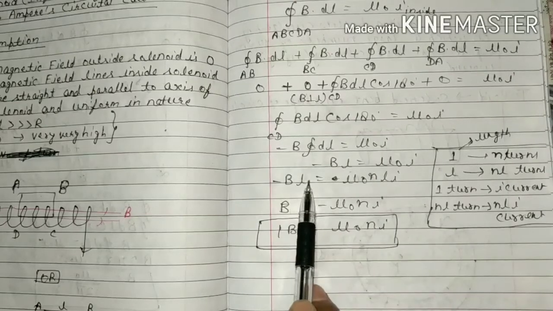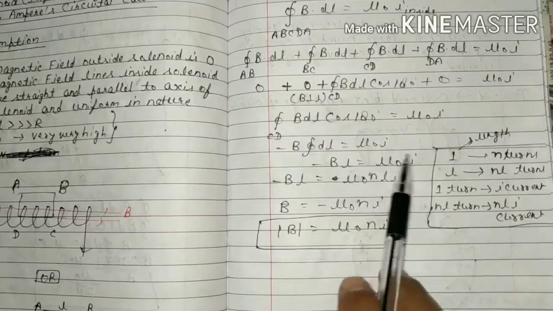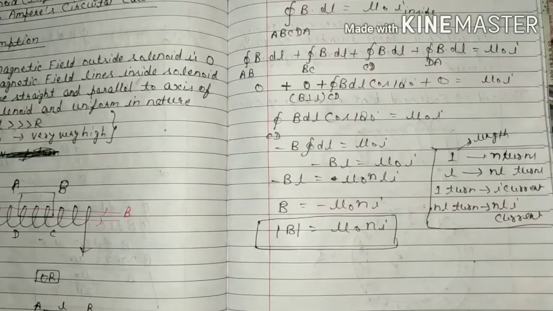BL is equal to mu naught times the value of the current I in the solenoid.